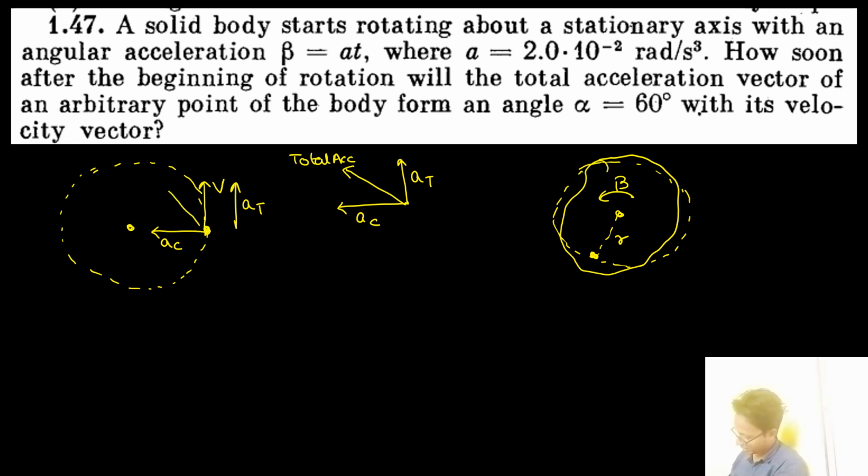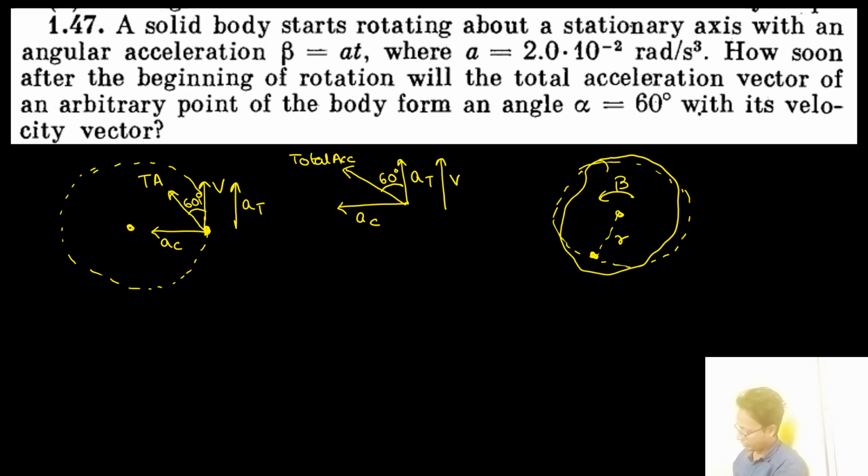So total acceleration is along this direction. Now the question is saying, find the time at which the total acceleration makes an angle of 60 degrees with the velocity vector. That means total acceleration makes 60 degrees with the tangential acceleration. Why? Because tangential acceleration and velocity vector are always parallel. So this is my question.